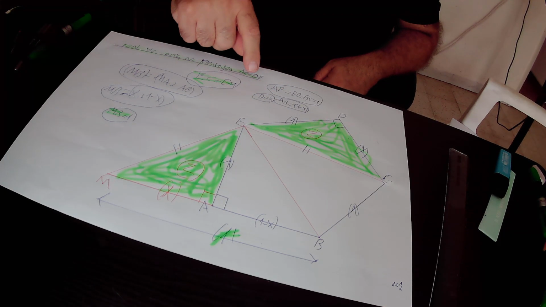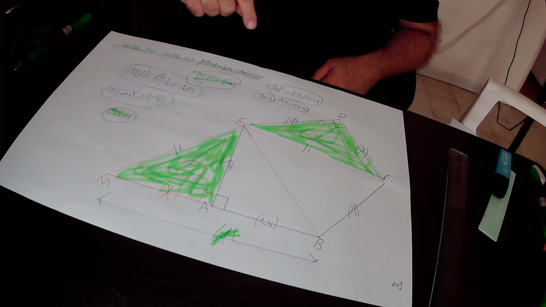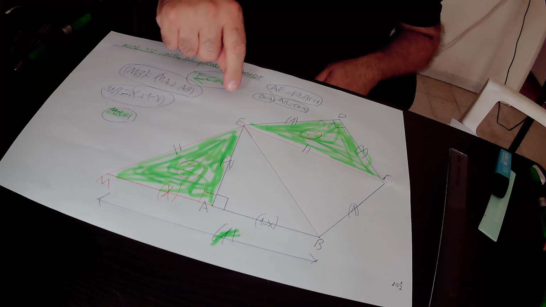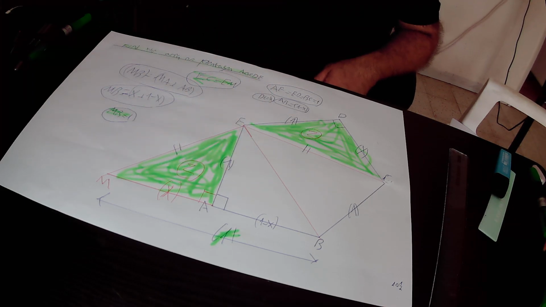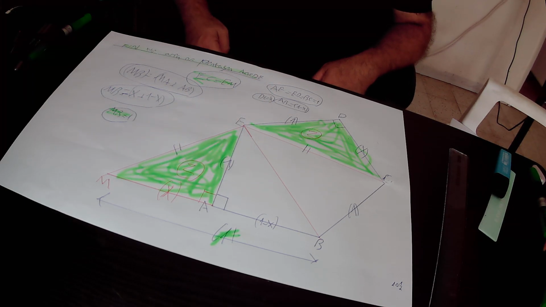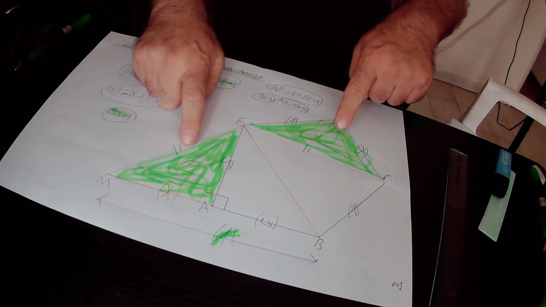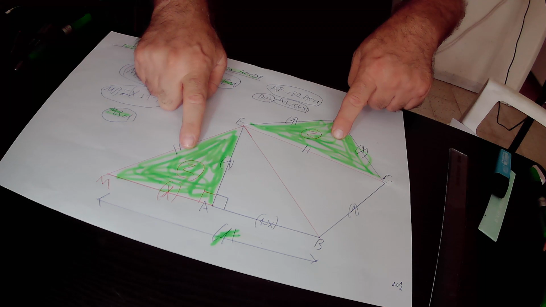In the next step, we join points E and M together by a straight line. By joining points E and M, we created the green right triangle EAM. In the next step, we note that those two green right triangles are congruent according to the side-angle-side rule.